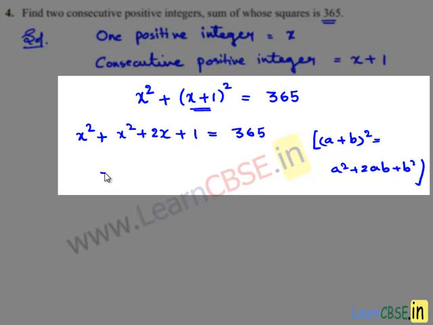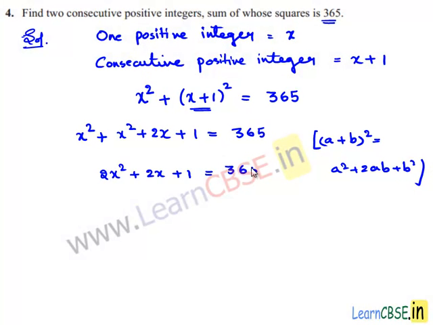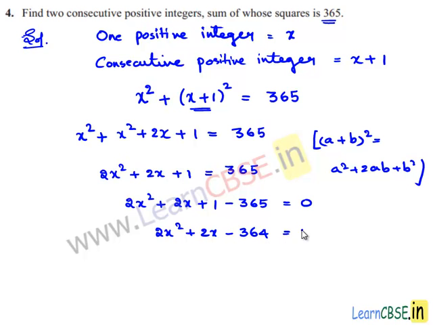x square plus x square is 2x square, and this is 2x plus 1. This is equal to 365. So 2x square plus 2x plus 1, and 365 can be transposed to the left hand side and this becomes minus 365 is equal to 0. 2x square plus 2x plus 1 minus 365 is minus 364, which is equal to 0.